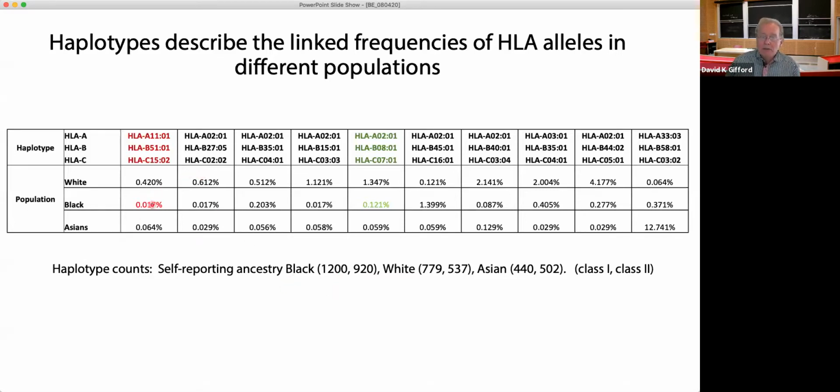And you can see here the haplotype frequencies for these different combinations of alleles at the class 1 locus. So we take these haplotype frequencies and we compute diploid frequencies of the appearance of these different HLA alleles. So obviously there are over 1 million different combinations for an individual self-reporting as black.